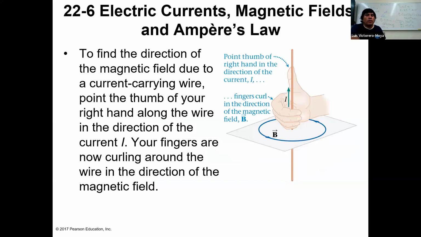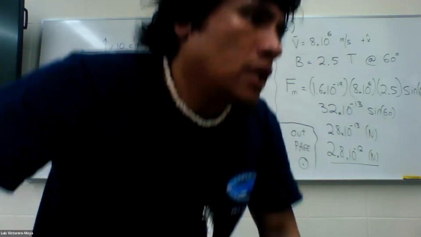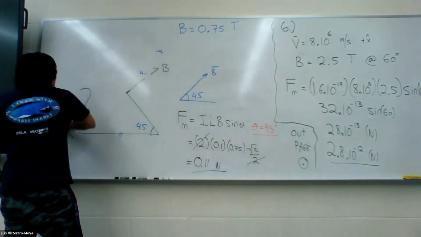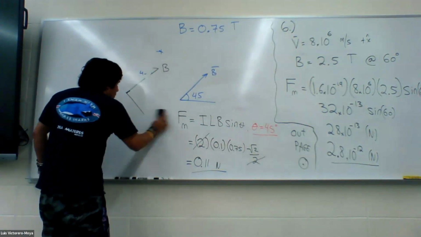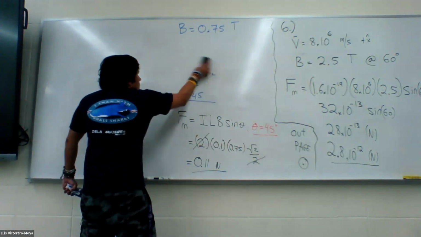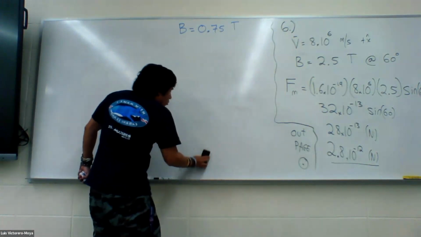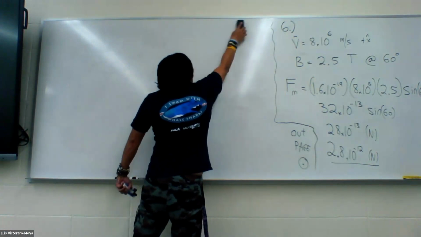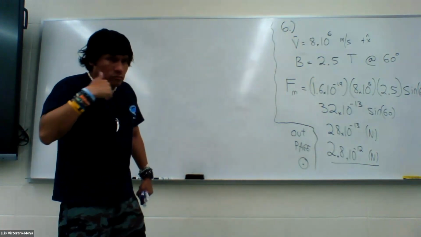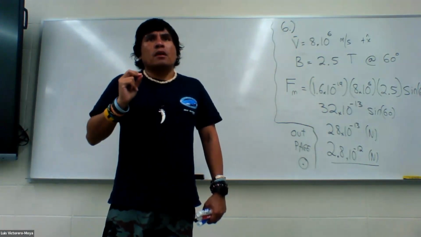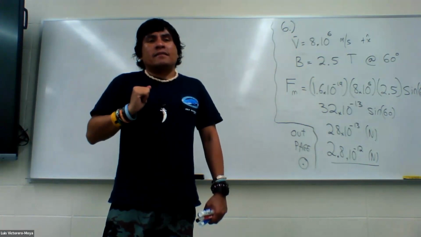All right, let's explain the right-hand rule for this. You have an explanation there, but here is the second right-hand rule, which is the right-hand rule for magnetic fields. When you are solving problems and trying to find directions, make sure you read carefully what the problem is asking you.